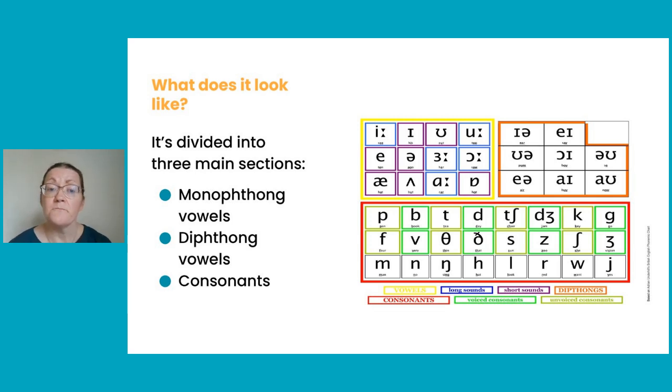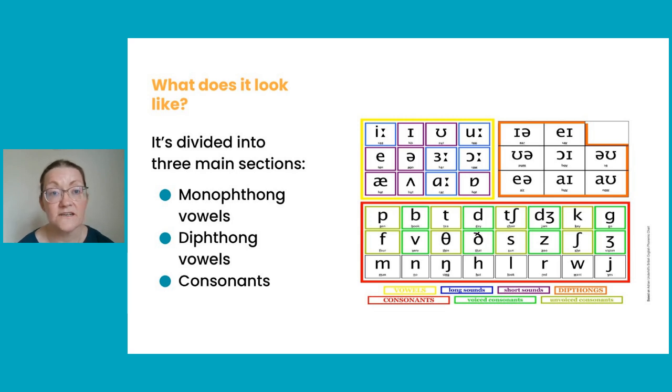So we have the monophthong, one symbol, the diphthongs, two coming together, and then we have the largest section outlined in red, which is the consonant section. Okay, and there are tons of consonants. We will never be short of them in English. So they are the three main sections you can expect to see.